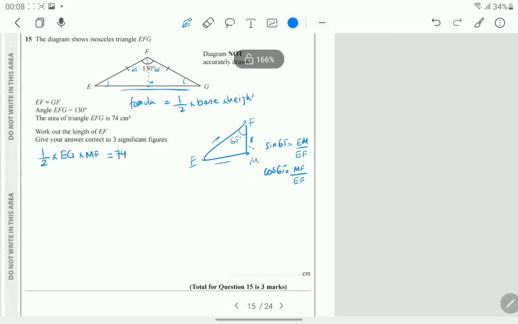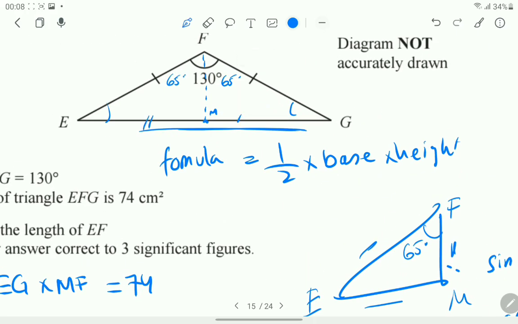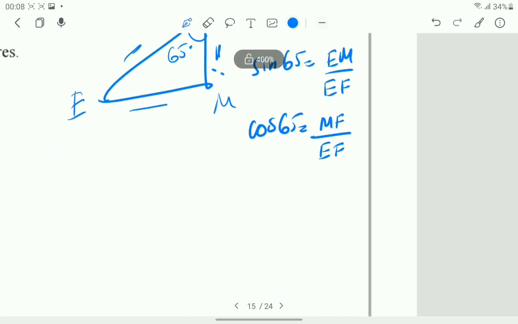So we know that EM is separating this line into two halves, so EG would be equal to 2 times EM.